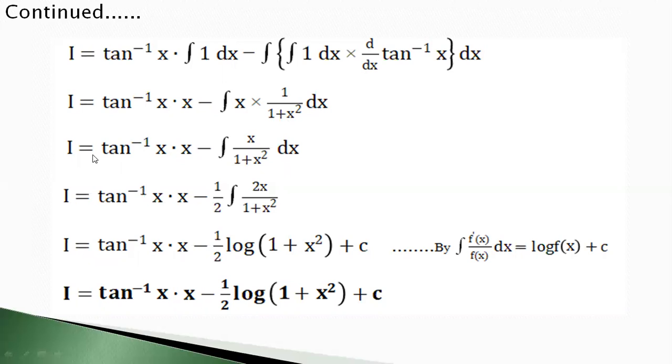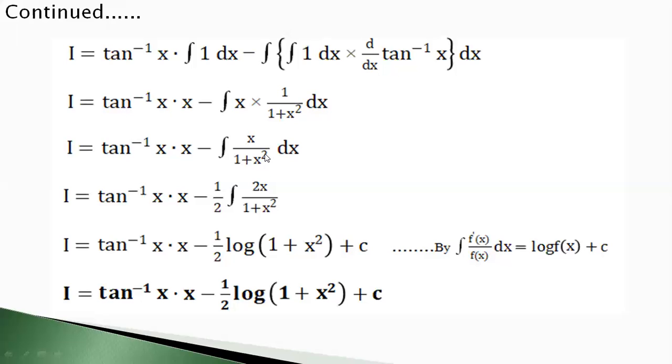That is, I is equal to this first term as it is, that is tan inverse x into x, minus x into 1, that is x upon 1 plus x square dx. Now we have to find the integration of this term, that is integration of x upon 1 plus x square.